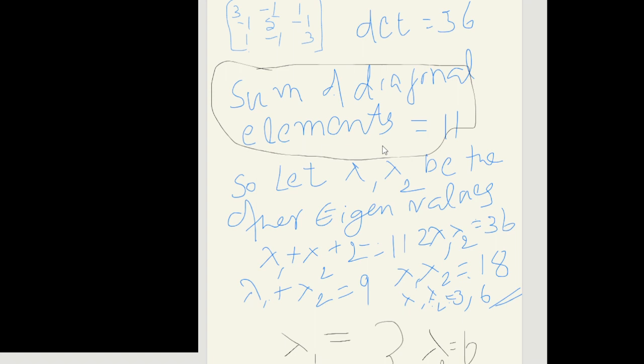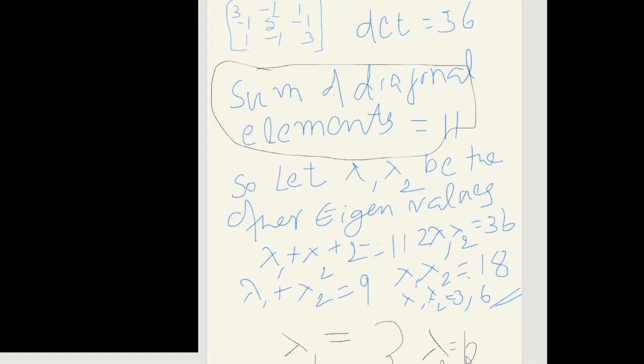The product of the roots is the determinant, so 2 lambda 1 lambda 2 equals 36. So lambda 1 plus lambda 2 equals 9 and lambda 1 lambda 2 equals 18, and we easily get lambda 1 equal to 3 and lambda 2 equal to 6.